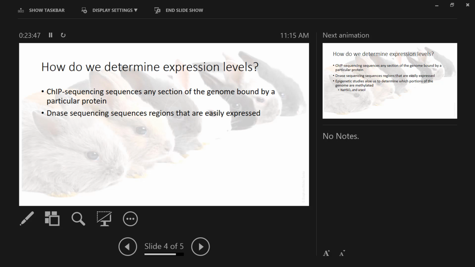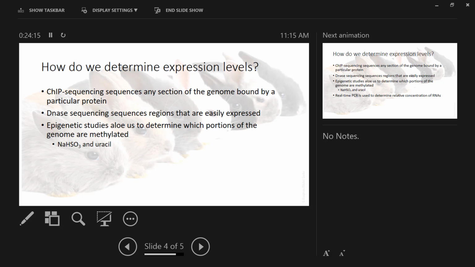This is basically what ENCODE did: they did DNA sequencing. Everywhere DNase 1 cut, they said this is a part that's going to be transcribed at some point in the cell's life. But it's almost 80% of the genome. So it's not giving you really accurate ideas of expression, but it gives you an idea of the total expressed amount. Then if you want to know more specifics, you can do epigenetic studies.